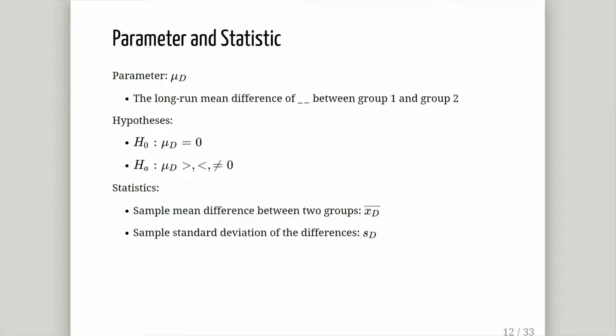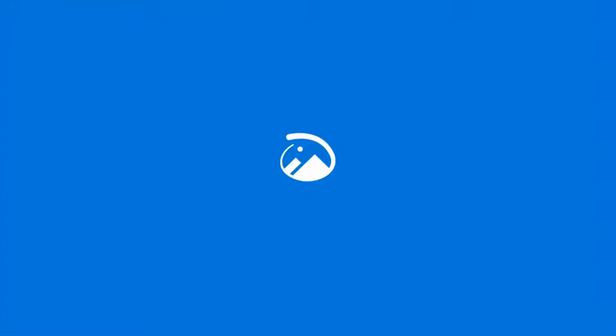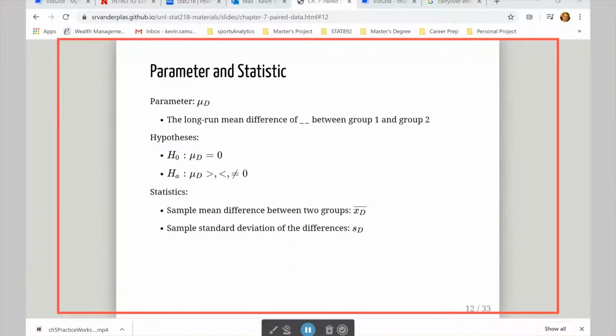Be aware, long run mean difference is very important, and it is different than chapter 5 and 6. So I would just memorize this. Long run mean is first, difference is second. Long run mean difference.